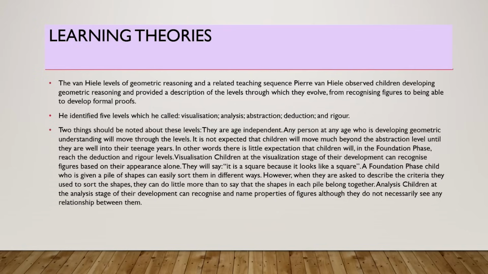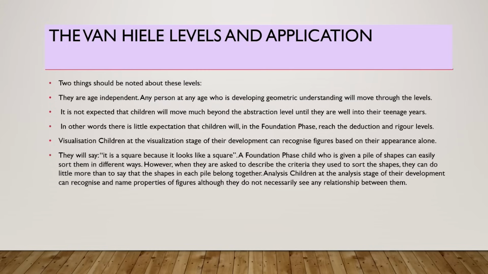However, when they are asked to describe the shape, to sort the shapes, if you have rectangles, squares, polygons, quadrilaterals, they'll be able to identify that these shapes belong to the square family. And if you put them in a pile, they'll be able to see that these shapes belong to the triangular family and these ones belong to the circle, oval families. So they'll be able to distinguish such little elements about shapes.